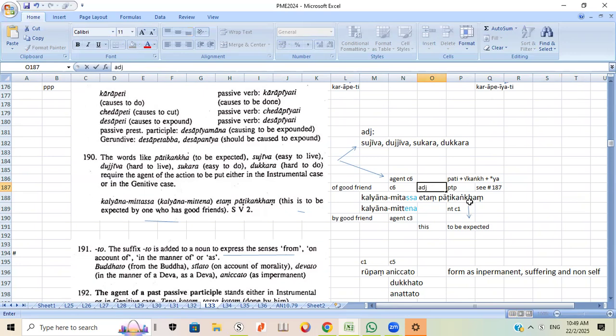So this is a subject. That means in this case these are to be expected. This is your subject, followed by this. This is your verb form. So in this case, this is to be expected by a good friend. You can put here by a good friend.